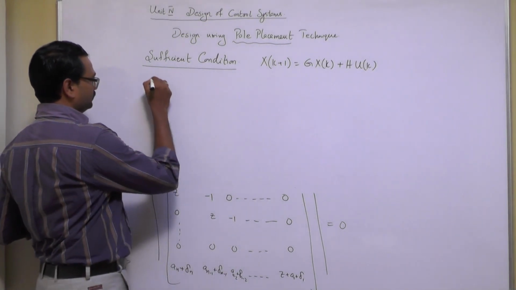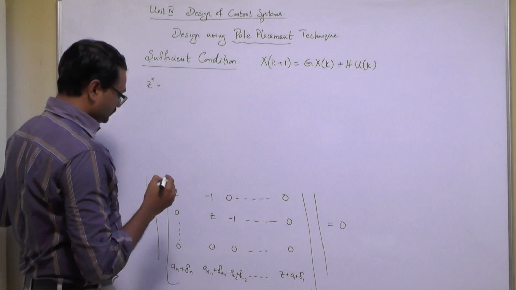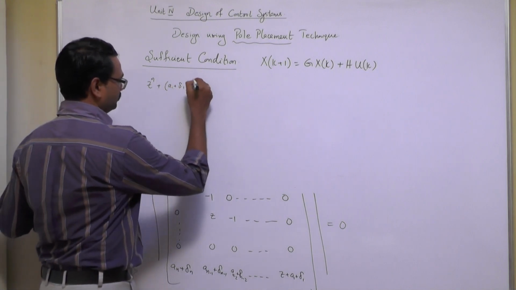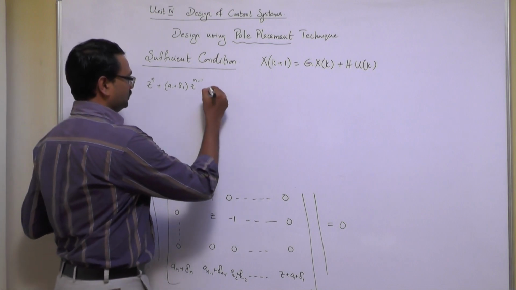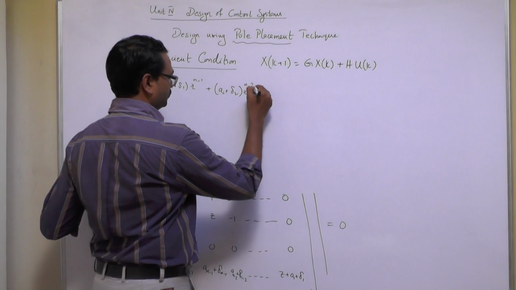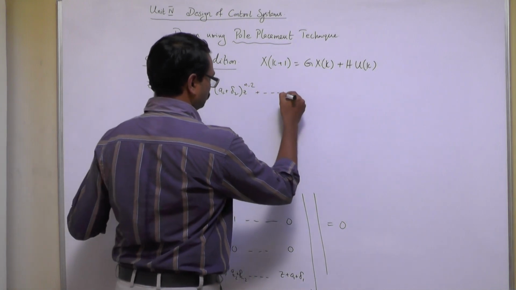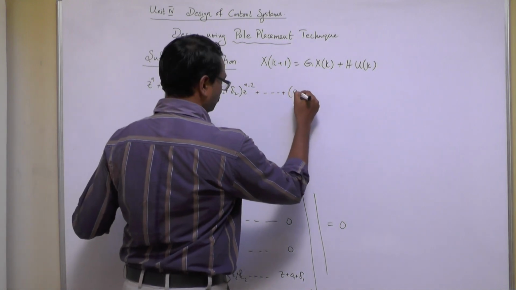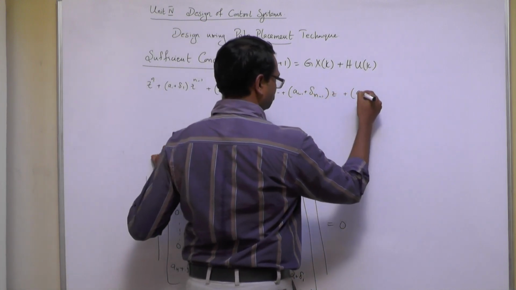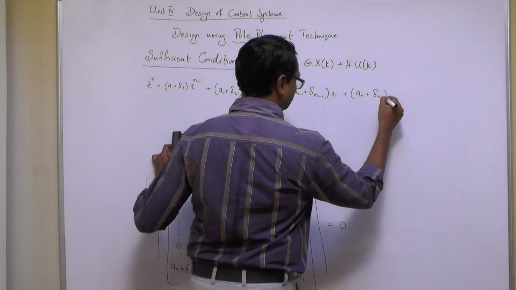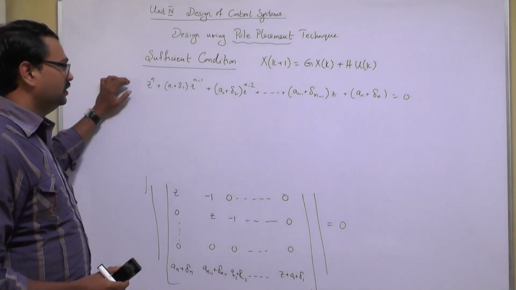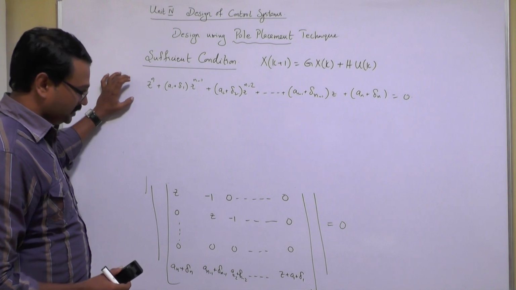Z power n plus a1 plus del 1, Z power n minus 1, plus a2 plus del 2, Z power n minus 2, plus and so on, plus an minus 1 plus del n minus 1, Z plus an plus del n equal to 0. This is the equation which we have obtained.